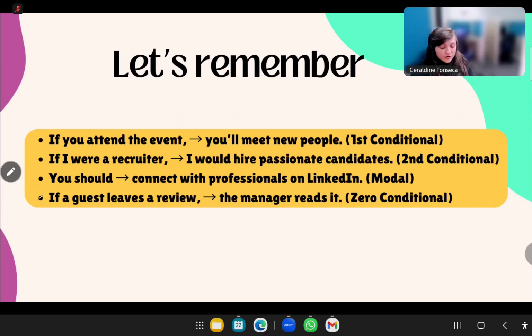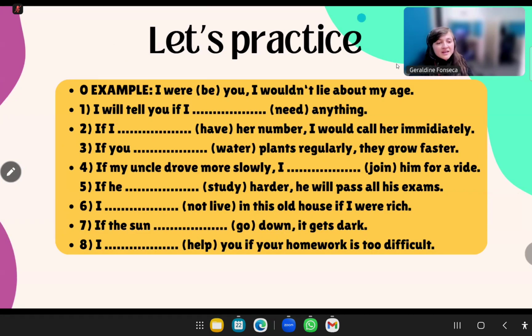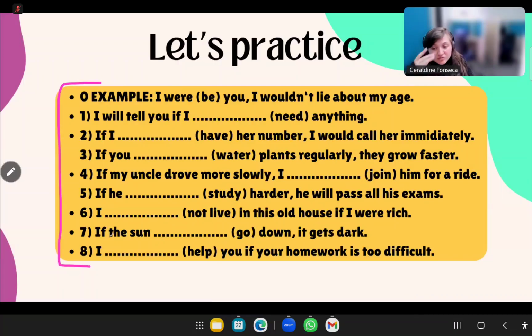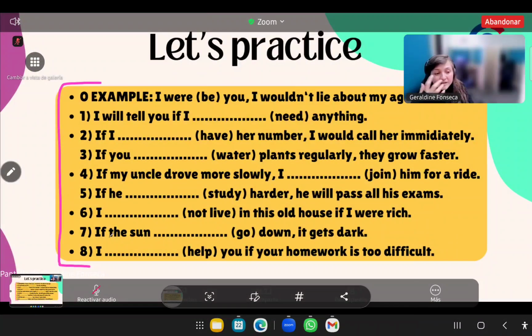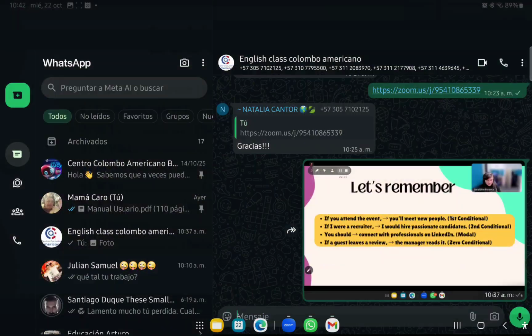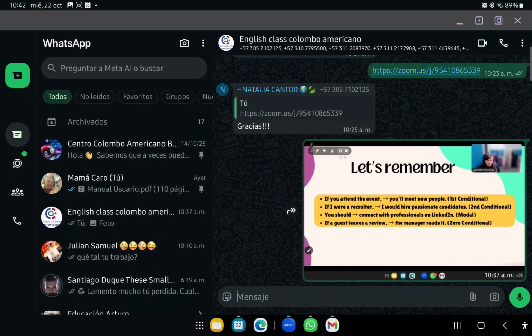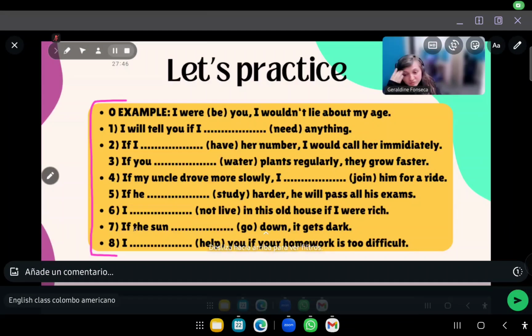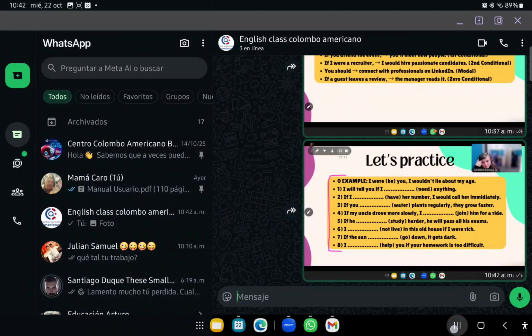If not, we are going to do a little grammar practice, and then right after this, we go to the speaking practice. Here we are going to center mainly on conditionals. I need you to remember conditionals depending on the cases we specify. There is a sentence, and you have to complete the space with either the condition or the result.